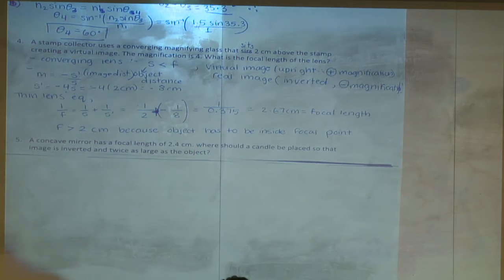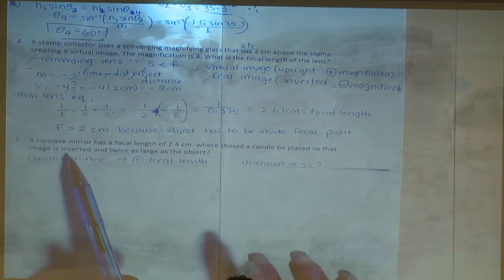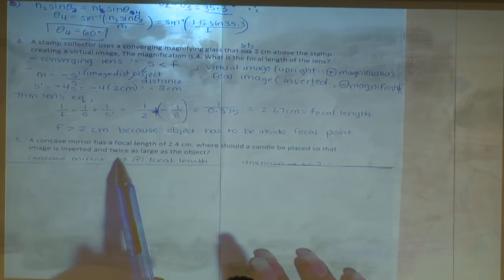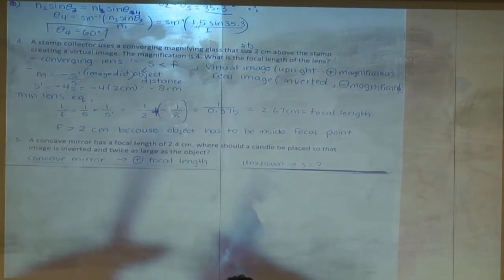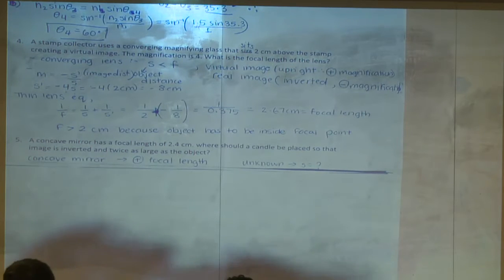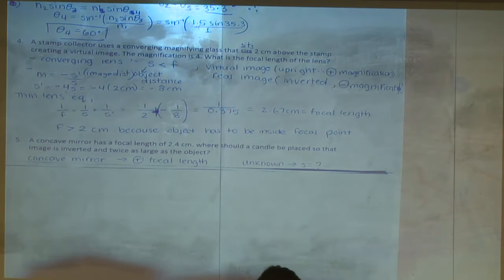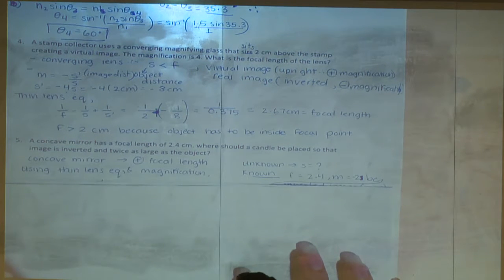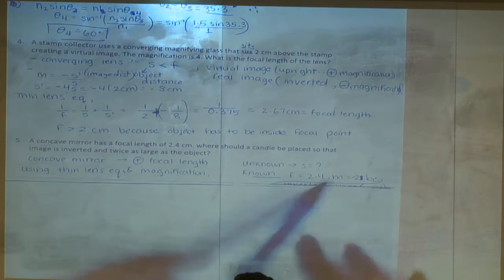Well, how do we know what the magnification is? It's clearly not given directly in the question, but it says the image has to be twice as large as the object. And we know that magnification is nothing but a ratio of image distance to object distance, right? So we can tell that the magnification is going to be -2 right here.